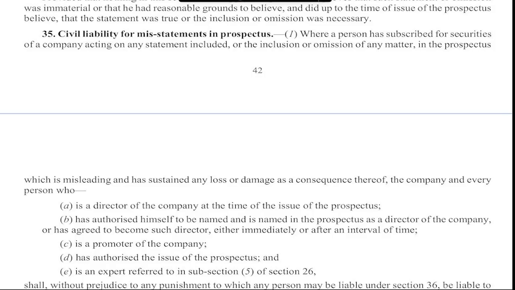Understood the point or not? Keep the heading: when section gets attracted.